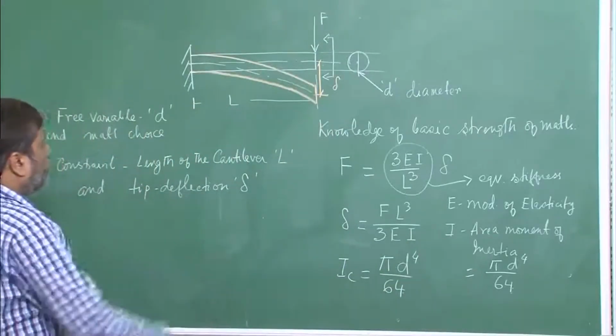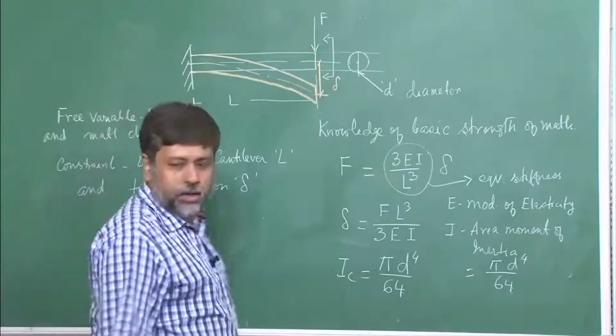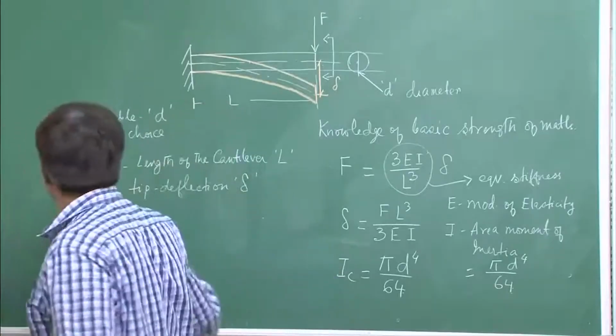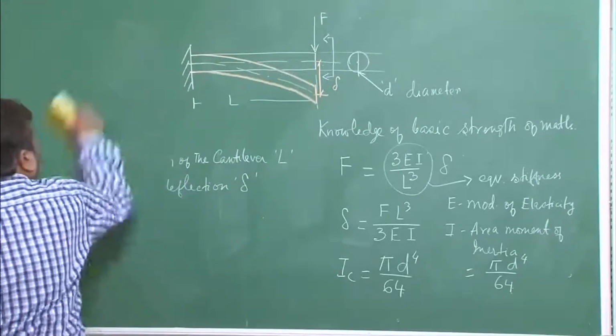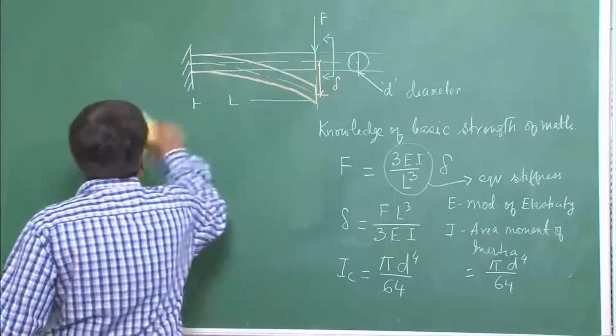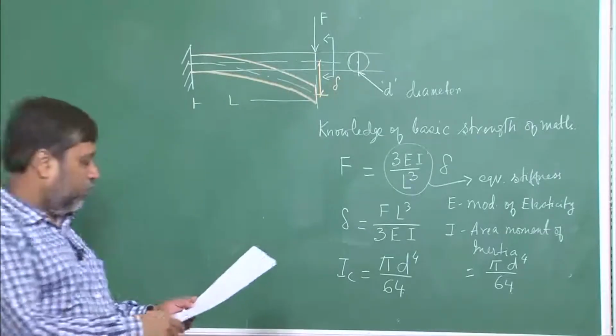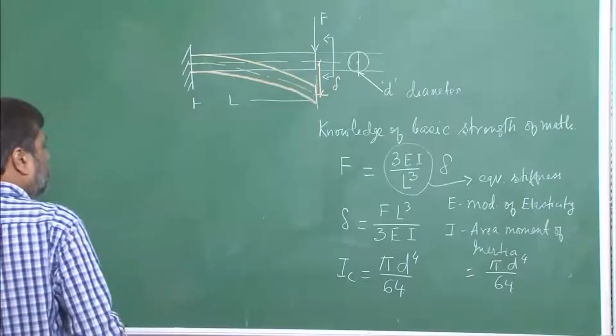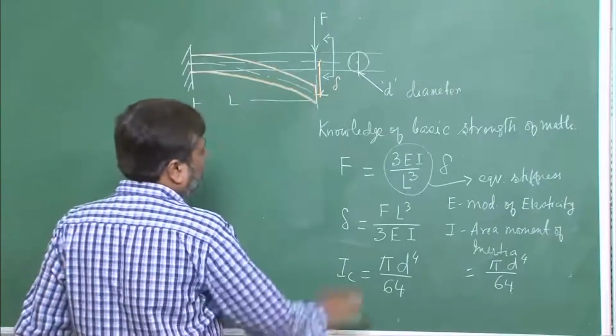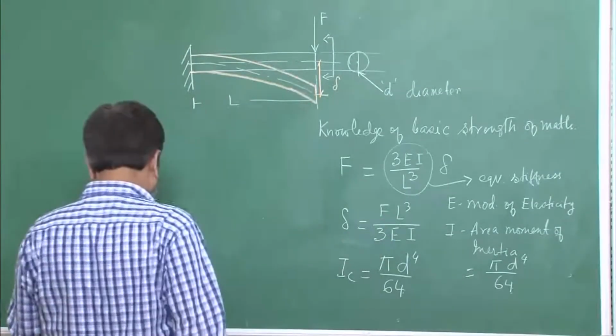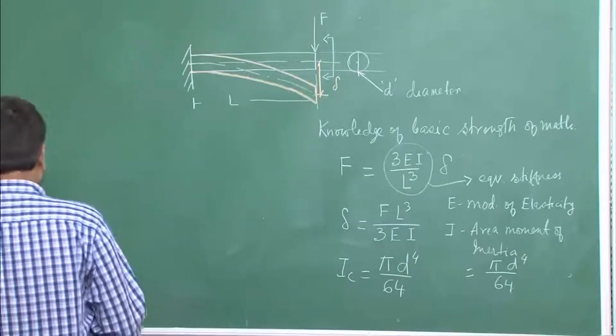Now, let us use all these facts together and carry out the analysis further to find out something called the material index or the performance index. We already know that delta equals FL cube by 3EI.